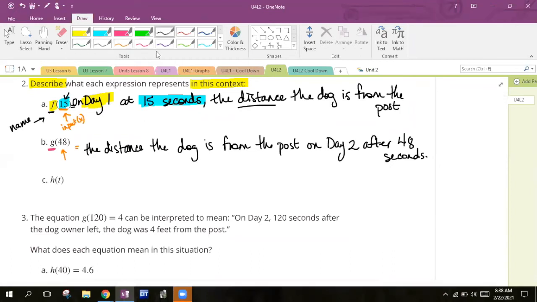All right, let's see if y'all can figure this last one out. They're trying to trick you by not giving you numbers, but nothing changes. So what does this tell me? The distance the dog is from the post at T seconds. On what day?